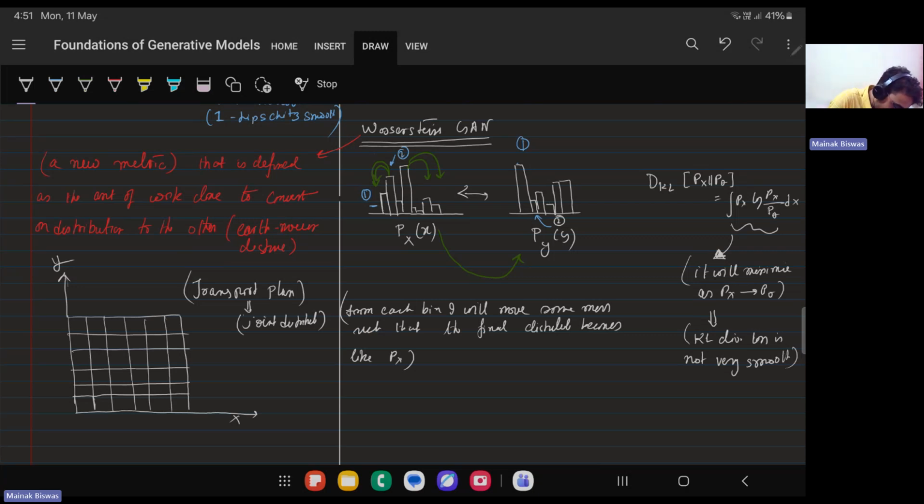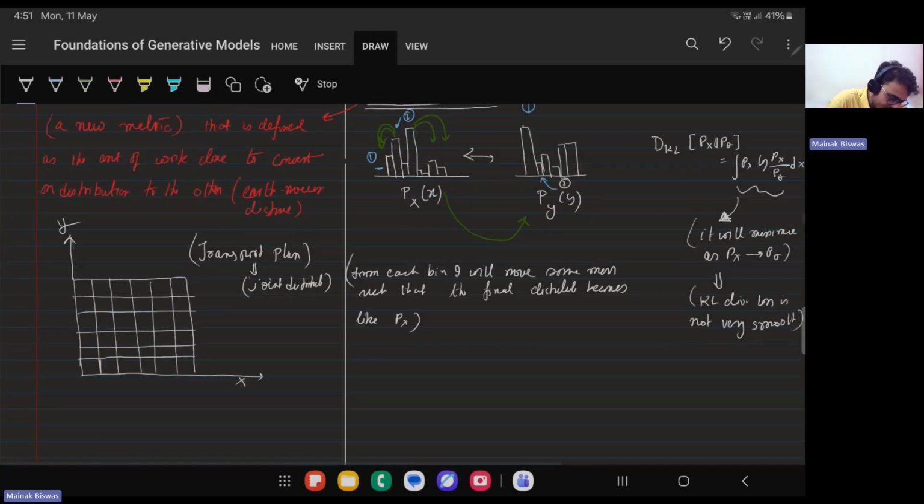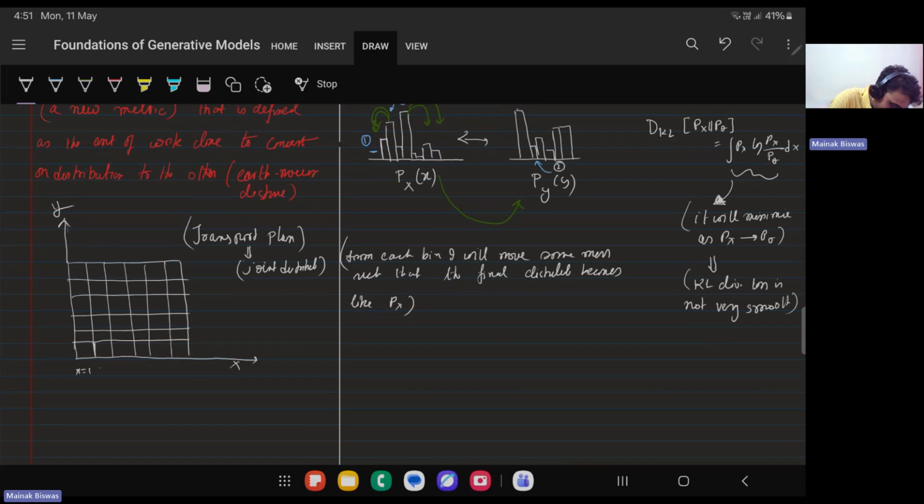So X has X equal to 1, X equal to 2, and all the way to X equal to K, and Y equal to 1, dot, dot, dot, Y equal to K. So X equal to 1 has this amount of mass that I have. Now some percentage of that mass I will be moving to, say, Y equal to 1.